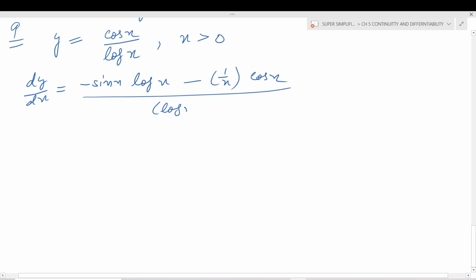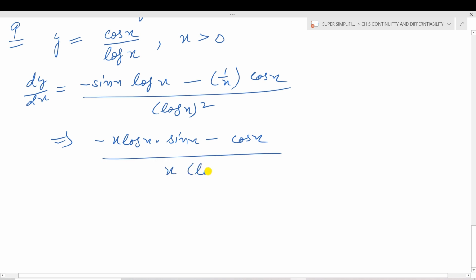Now you can take the LCM of the numerator, so you will have minus x log x into sin x. This x gets multiplied with sin x log x minus cos x, divided by x log x whole square.